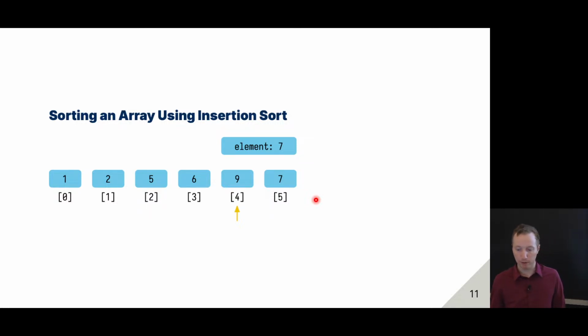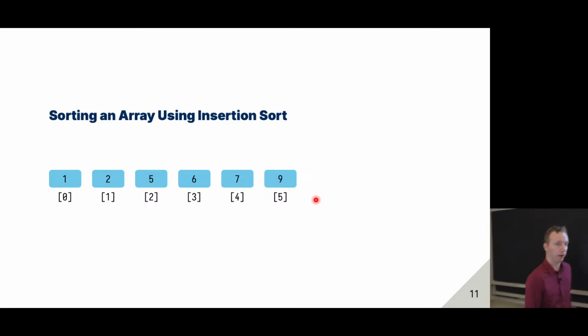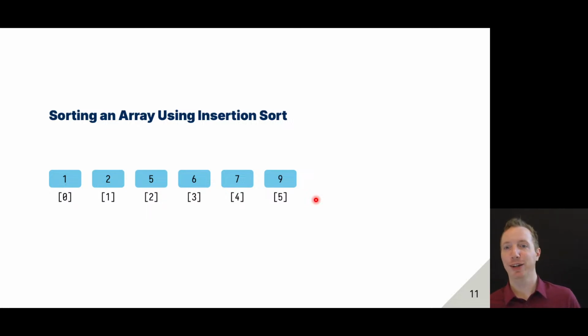It's greater than 7. So we need to shift the 9 to the end. And now 7, well, 7 is larger than 6, so it's in the right spot. I should just put the 7 here, and then mercifully, we are sorted. Whew. All right, we're good-ish?